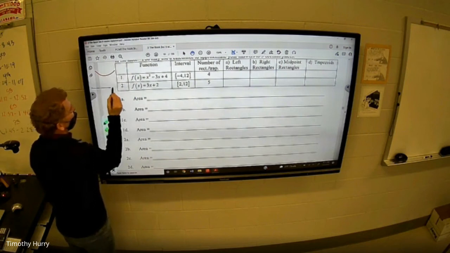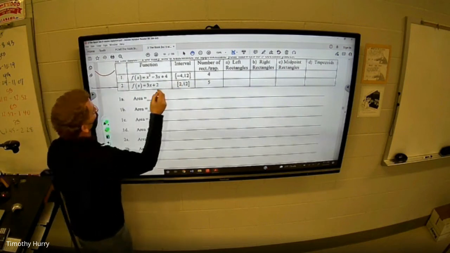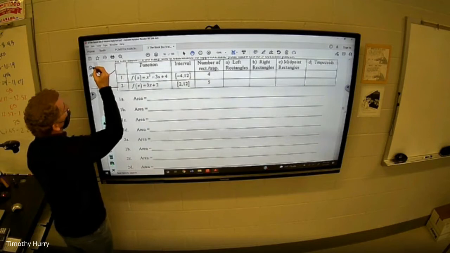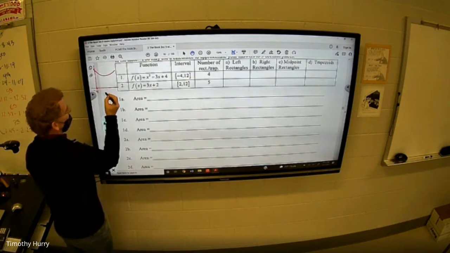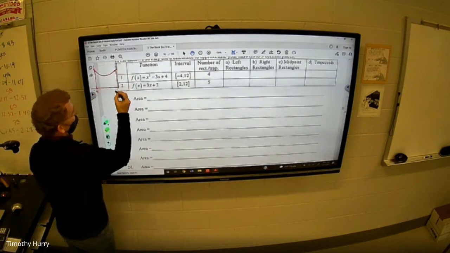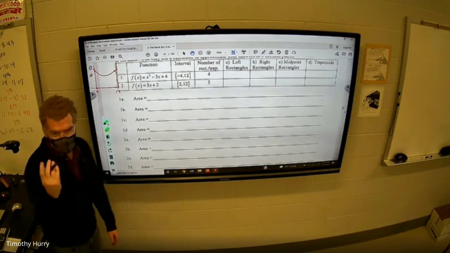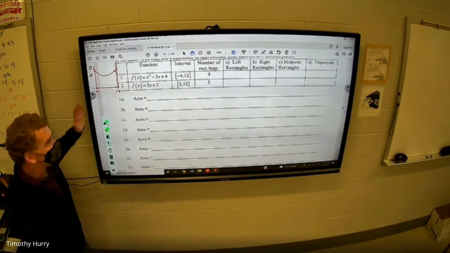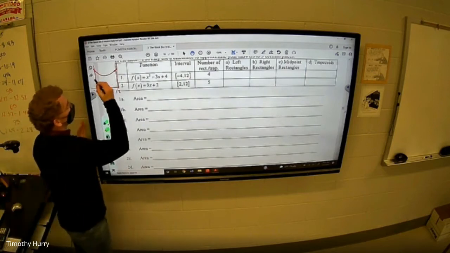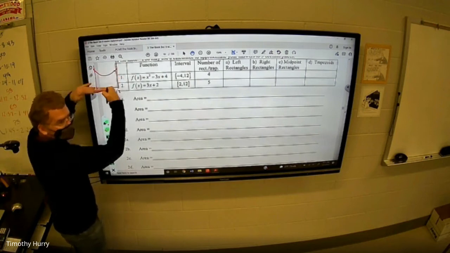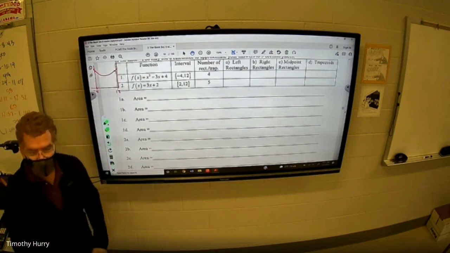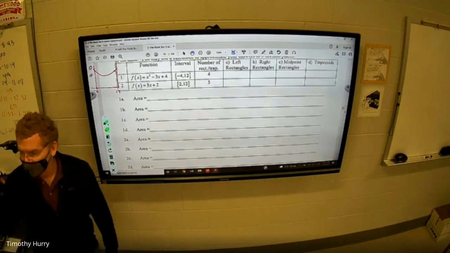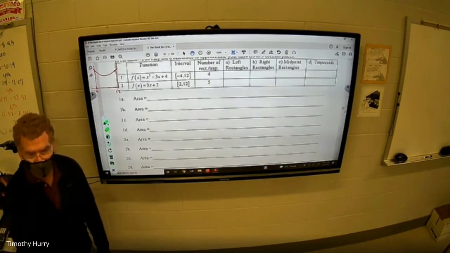And I'm finding the area from -4 to 12. So let's just pretend the left side was -4 and the right side was 12. Who cares about the y-axis, all right? I want to find all this area in here under the curve, between the curve and the x-axis. So right here, what is the total span from -4 to 12?